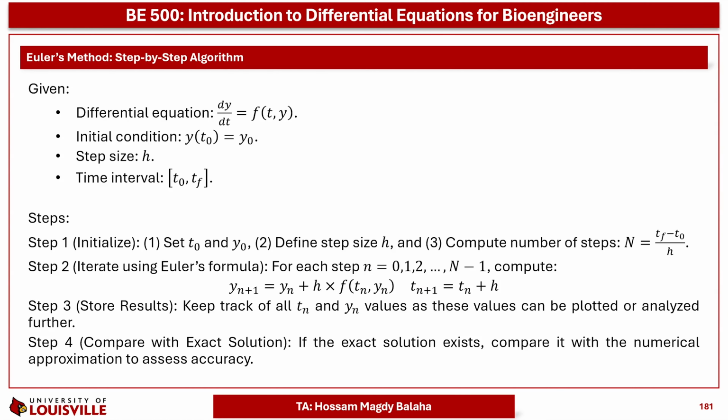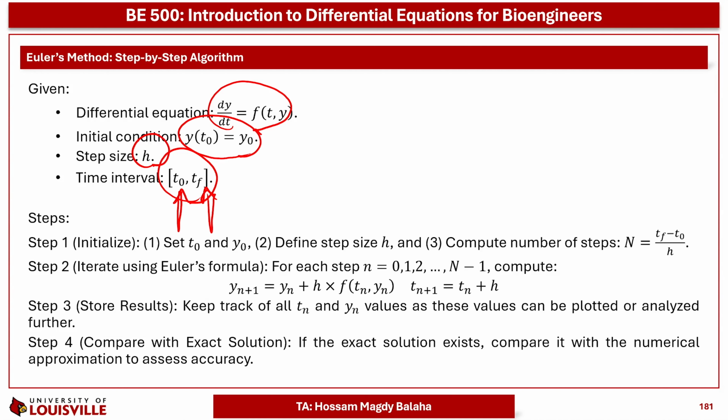So how do we use the Euler method to get the final solution? And then we can compare that solution with the exact solution if it exists. Simply, we have a differential equation and an initial condition, and we are given a step size and a time interval from a beginning time t naught to an ending time tf, the final time.